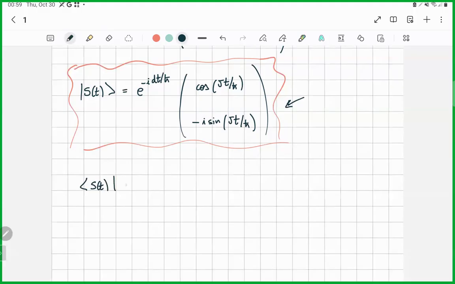Let's talk, for example, about the expectation value of the Hamiltonian, which is the average value for energy. What do I do? The sandwich: the bra, the Hamiltonian acting on the ket. Okay, that's what we have to solve.